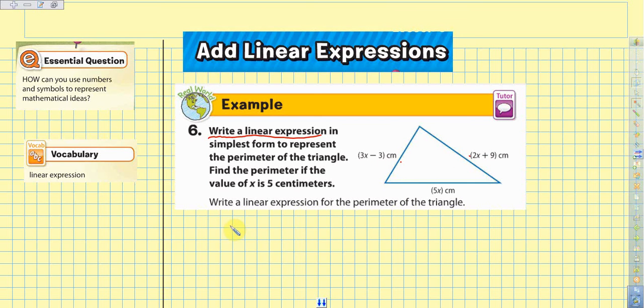Now, I have 3x minus 3. That's one side, side A. Plus, because we're going to have the perimeter, 2x plus 9, side B, plus the last one, 5x.